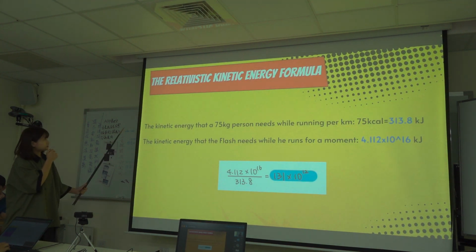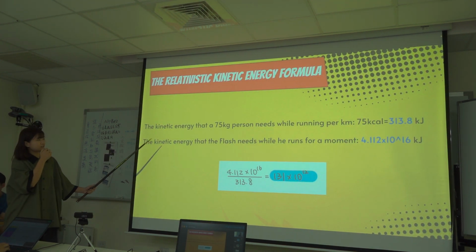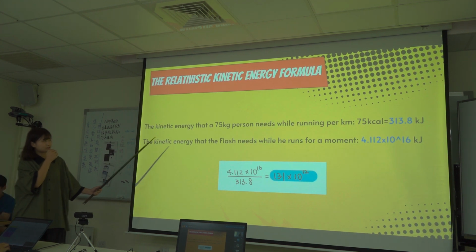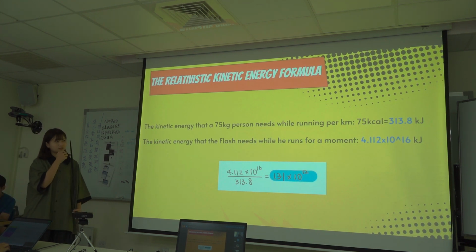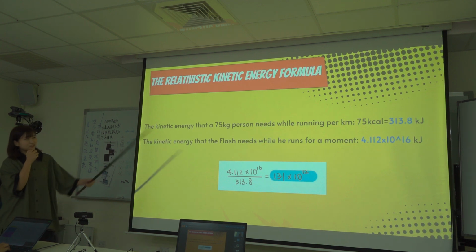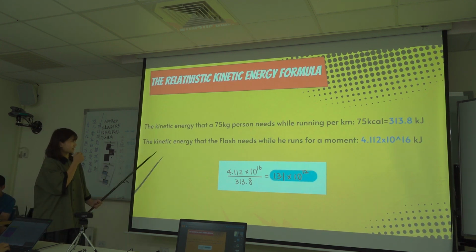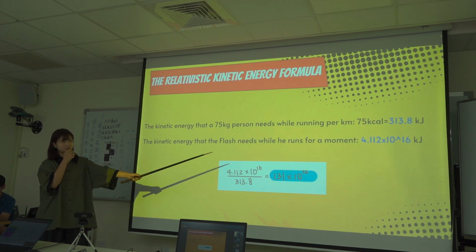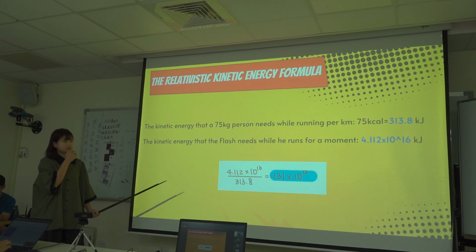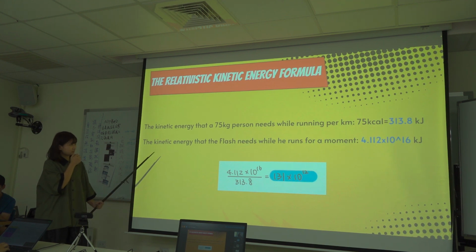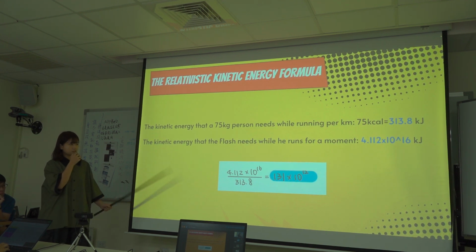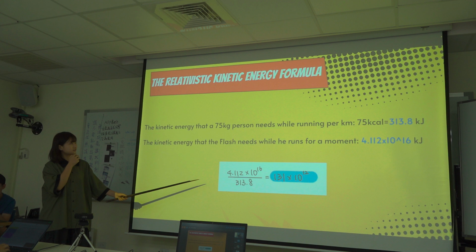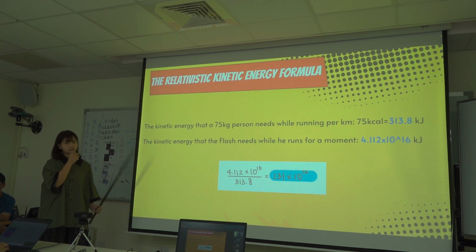The kinetic energy that a normal 75 kilogram person needs while running per kilometer is this number, but the kinetic energy that the Flash needs while he runs for a moment is a much bigger number. We find that the energy needed for the Flash is much greater than the energy needed for a normal person.